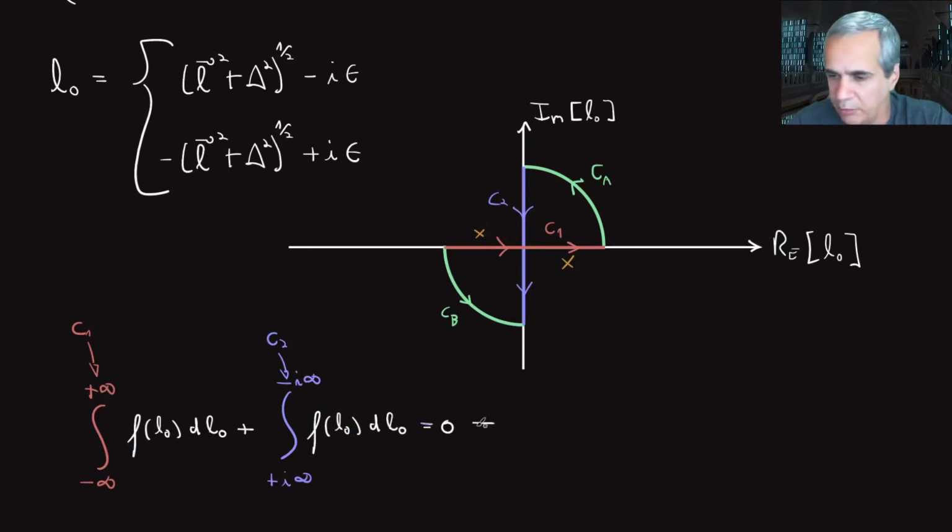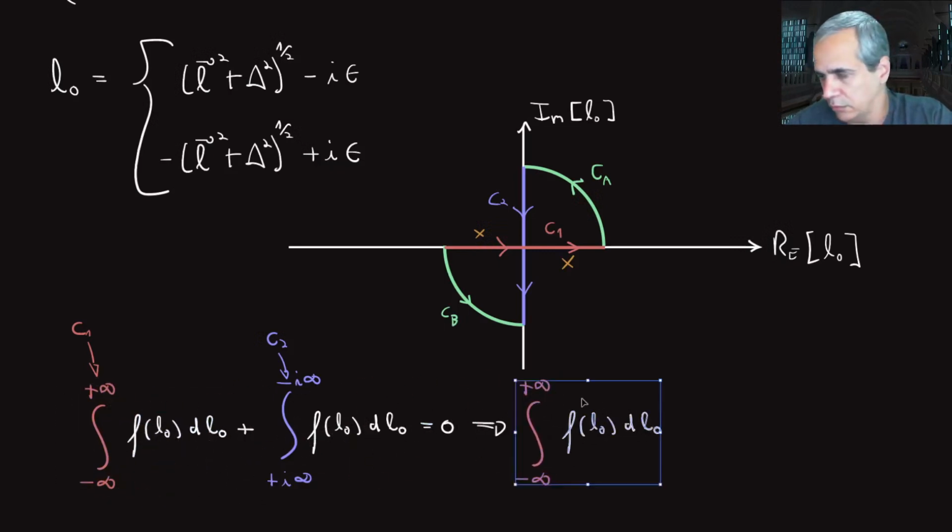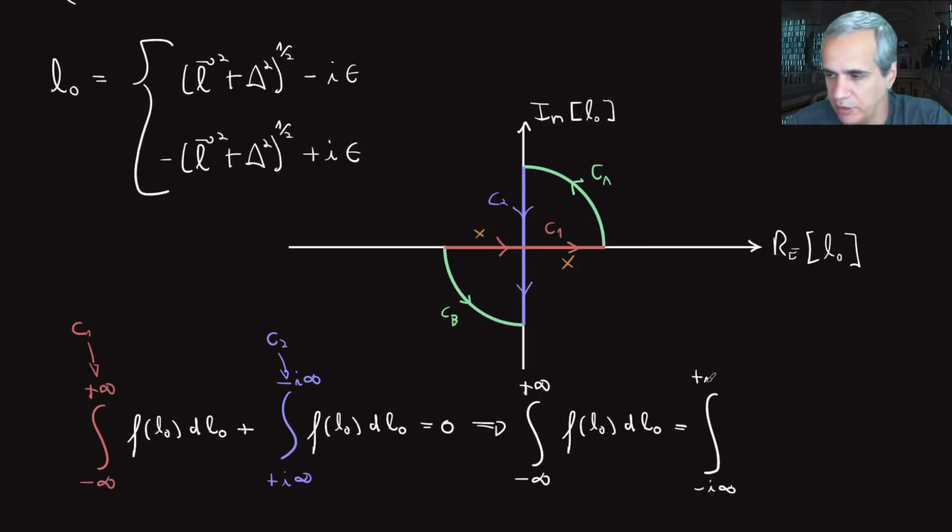And that means this integral right here should be minus this one, and then I invert the limits of integration to eliminate that minus. So it goes from minus i infinity to plus i infinity of f(L0) dL0.